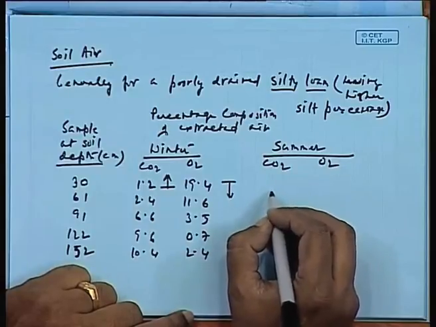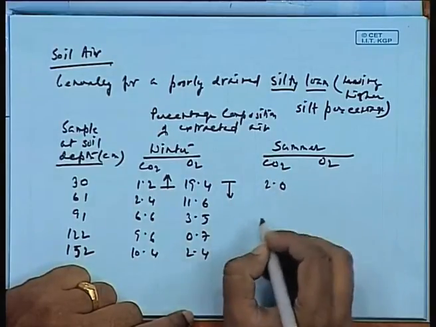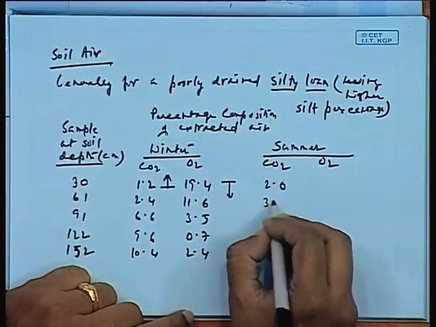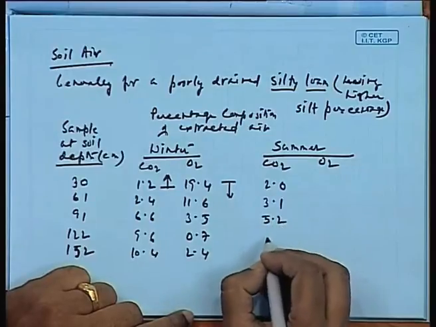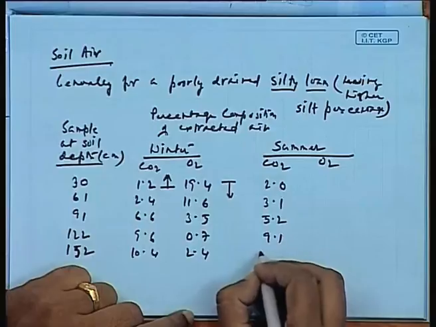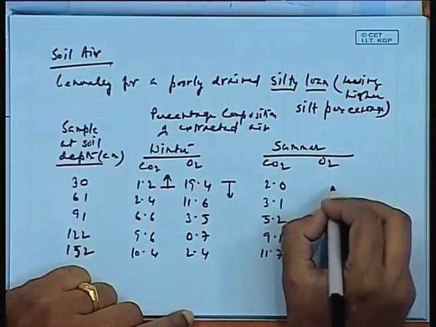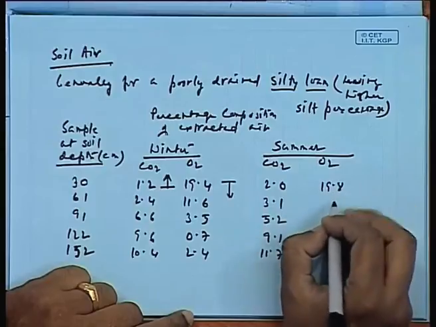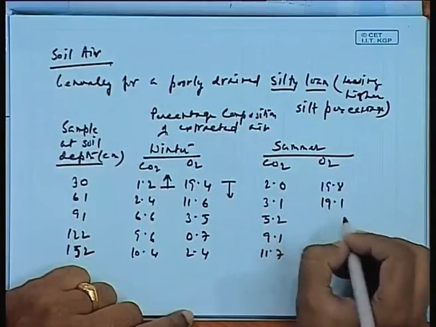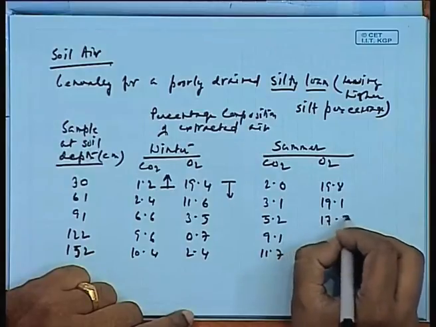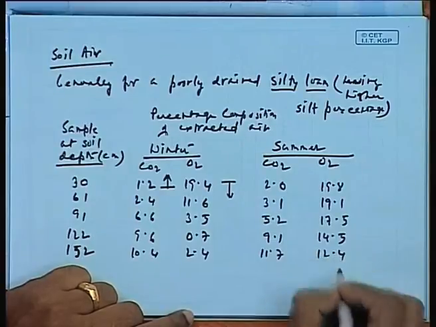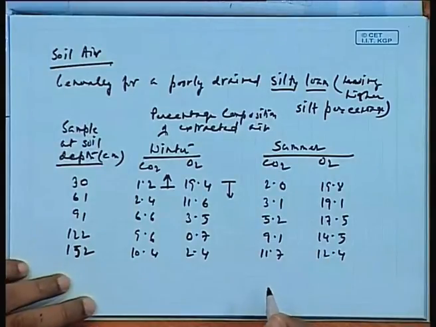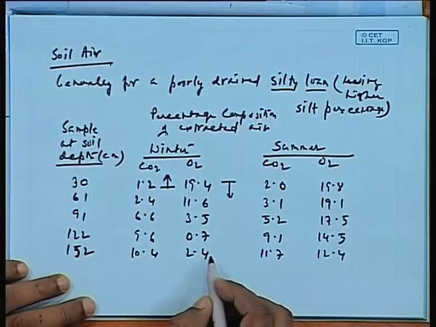Similarly, the condition would be somewhat better in summer, but the trend remains the same: 19.8, 19.1, 17.5, 14.5 and 12.4. So in the first case, the percentage of oxygen increased after 120 centimeters.